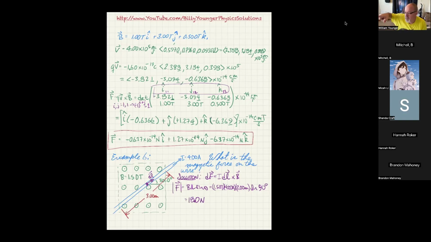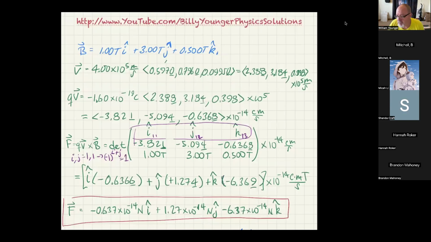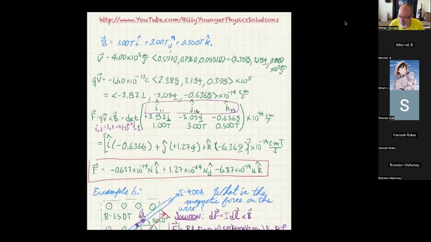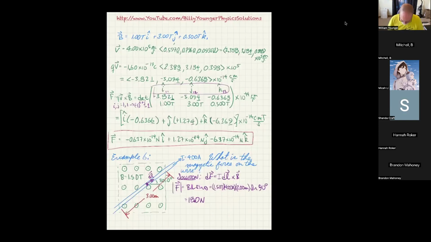The vector representing I dL is that wire, and the vector representing B points straight up. So there's a 90-degree angle between them. I'm glad you asked that. I was pretty sure other people had a problem with it as well. So does that make sense? Yeah, that makes sense.